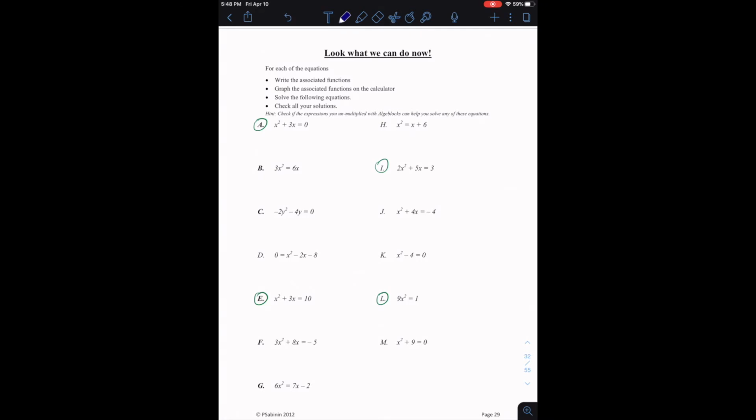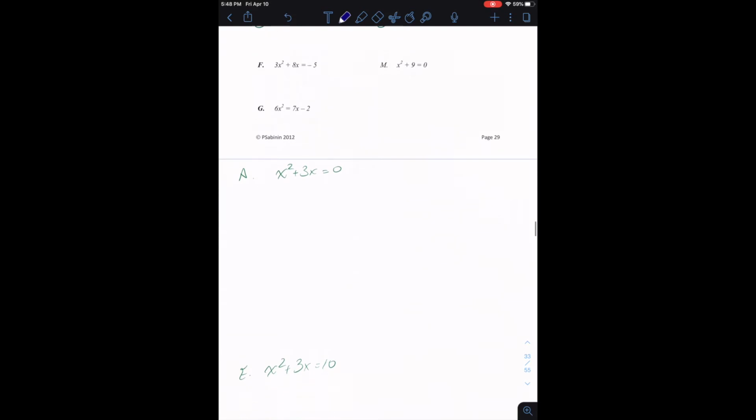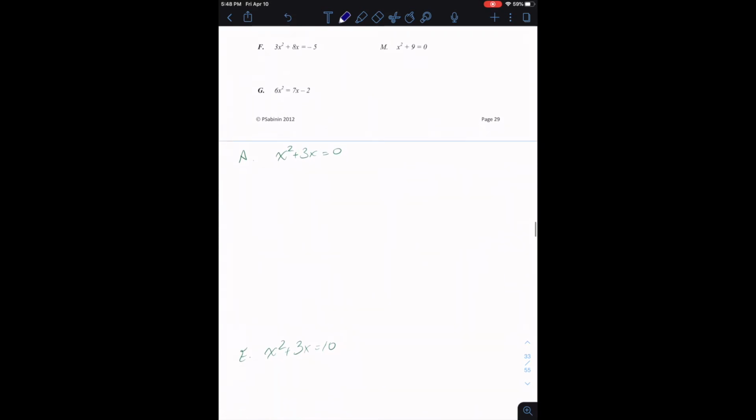So for example, with x squared plus 3x equals 0, we know that if we had a function that equals 0, we'd be able to either graph it or use a table of values and find out when that function equals 0, or factor, right?